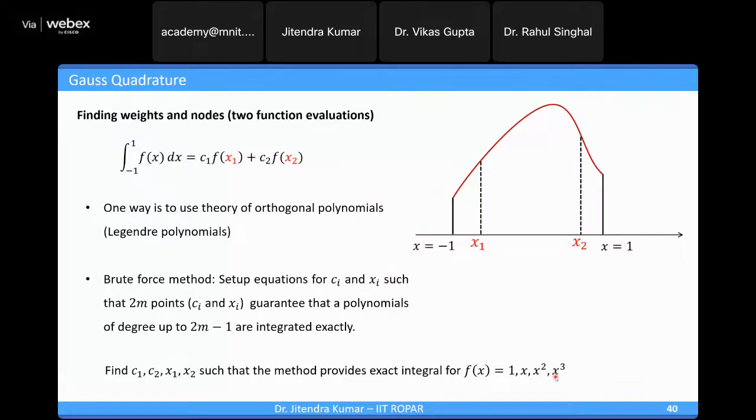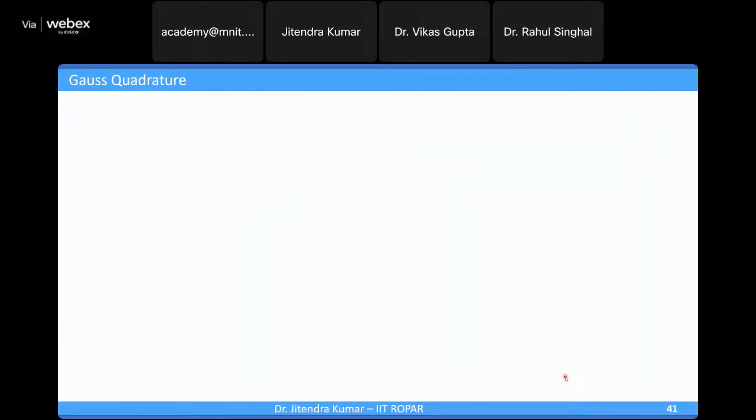These are our conditions. Because you have 4 unknowns, we need 4 conditions to be set up to solve for these 4 unknowns. So the idea is that our integral should be exact for polynomials up to degree 3. If we take the constant function, it should give you the exact answer.